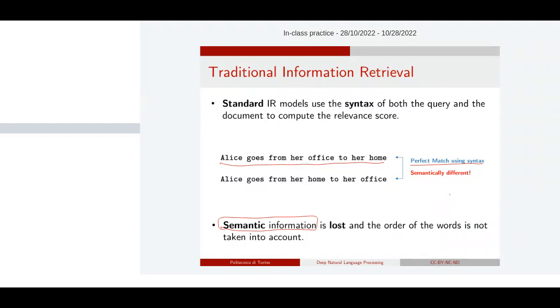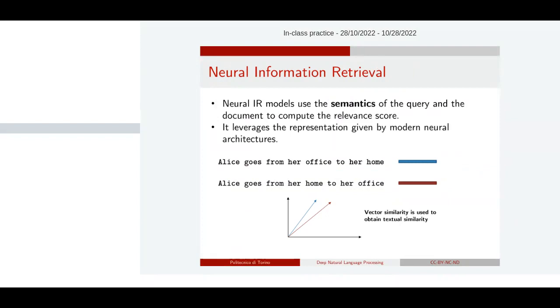And if we want to build a search engine that also considers the semantics of the sentence, we should add something more. We can use neural information retrieval, which uses neural models, so neural networks. We have seen with Professor Cagliero transformer models. We have seen together sentence2vec, doc2vec, word2vec, and so on.